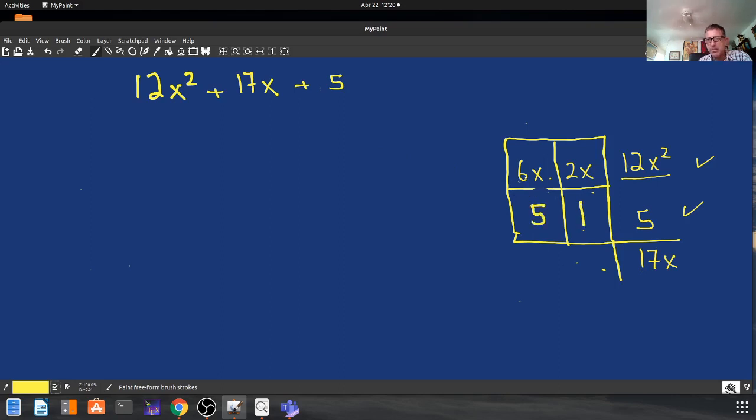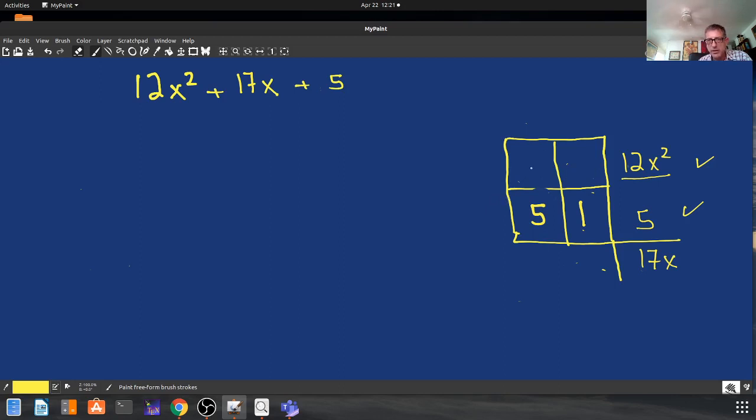That's not going to work because 6x times 5 is already 30x. So I need to think of another factorization for 12. Let's try 12 and 1. Let's try that. So this is just the process.